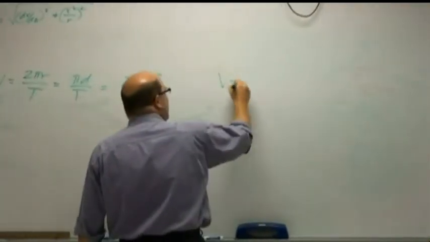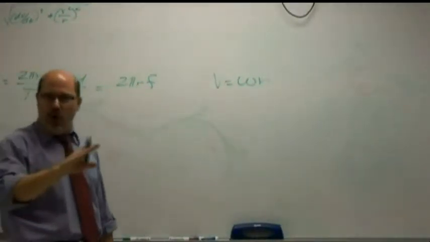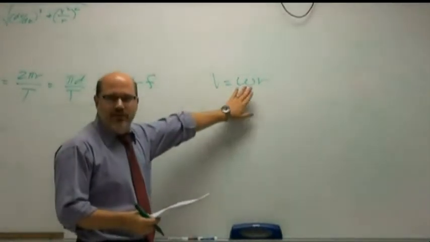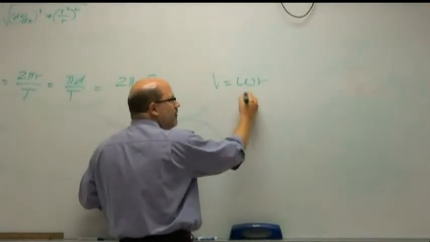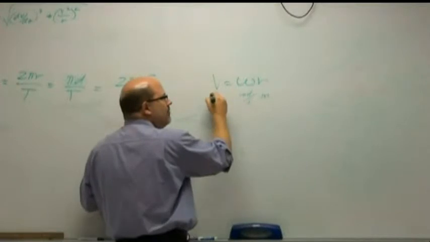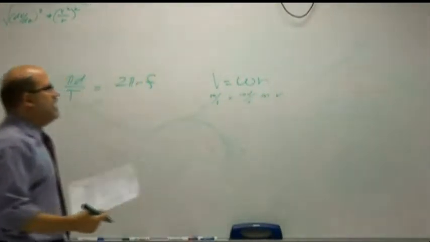I would totally do that by units. Now let's check that, because like most of you, I don't use omega a whole lot, so let's make sure we got this right. What's the units on omega? Rads per second. What's the units on r? Meters. So do I get meters per second? All right, so check. That looks good. So v equals omega r.